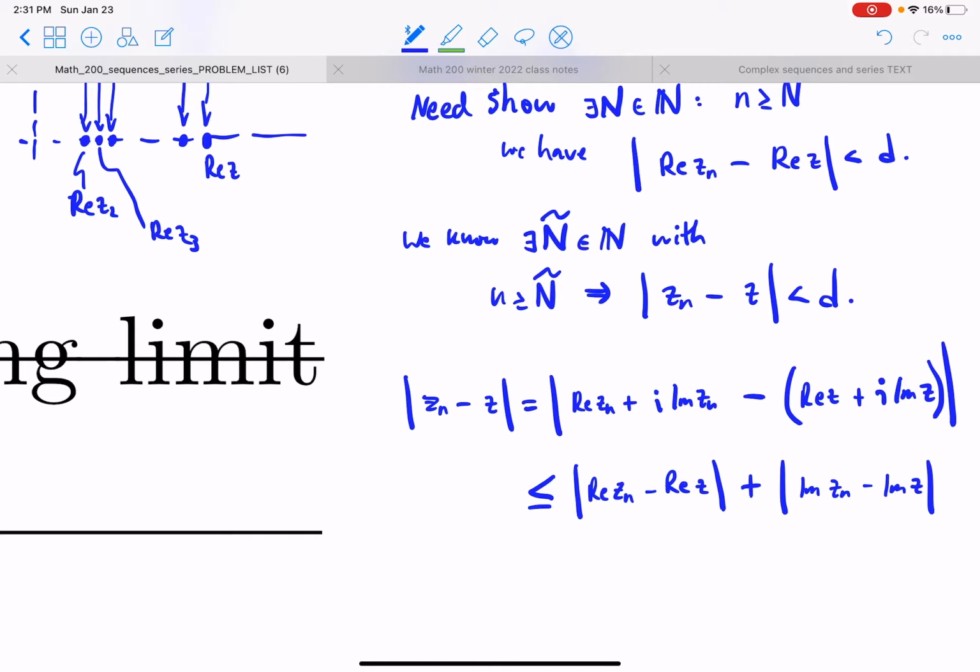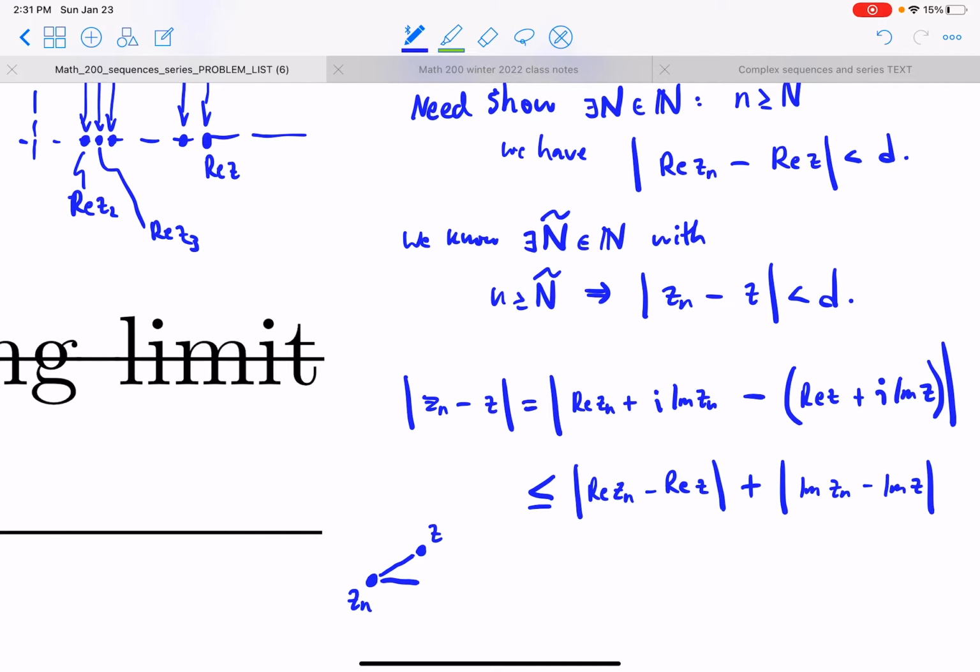So how do I see that? Well, it's just sort of triangles, I think. Somewhere in the plane we have these two points, z_n and z, and this is their distance, which is up here.